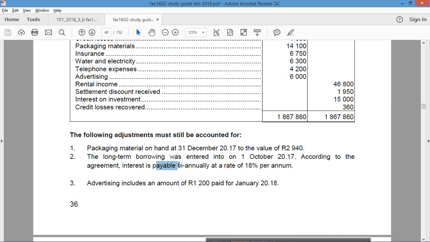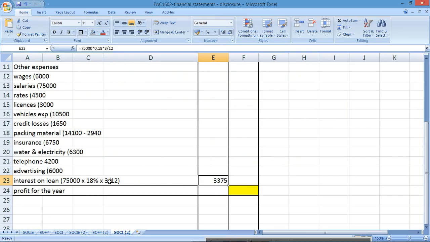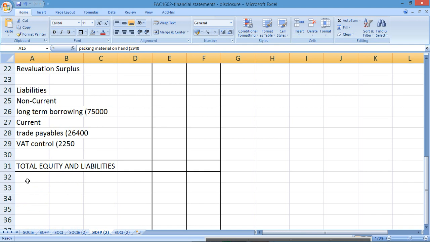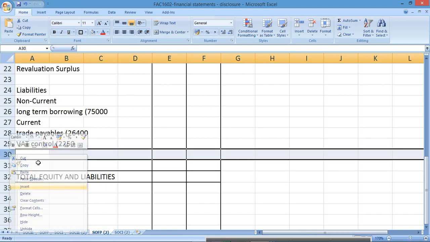What do we call an expense that's payable? A liability. Expense payable, I mean accrued expense. Okay, so you would show an accrued interest expense line item there.